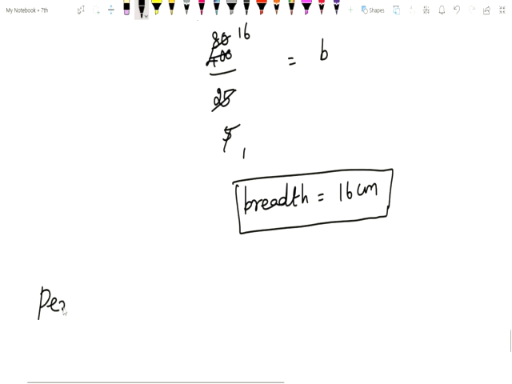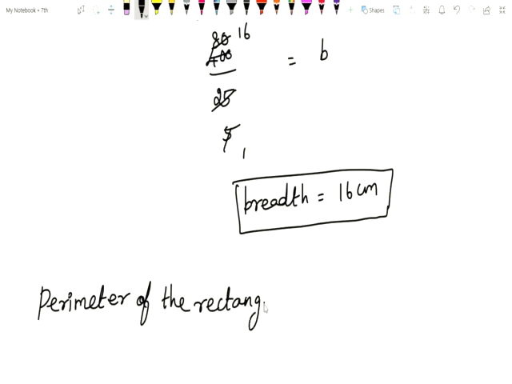So perimeter of the rectangle equal to, what is the formula, children? 2 into L plus B units. 2 into, here length is 25 plus breadth is 16.